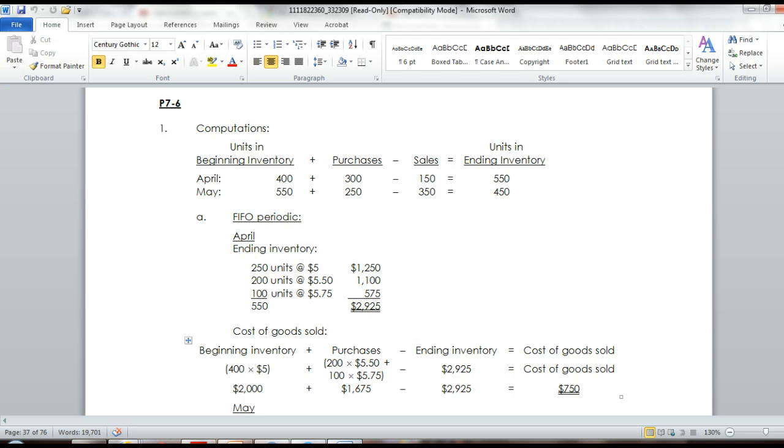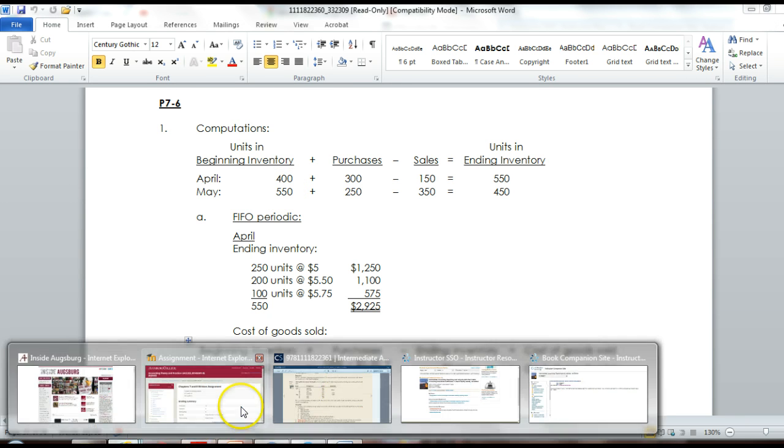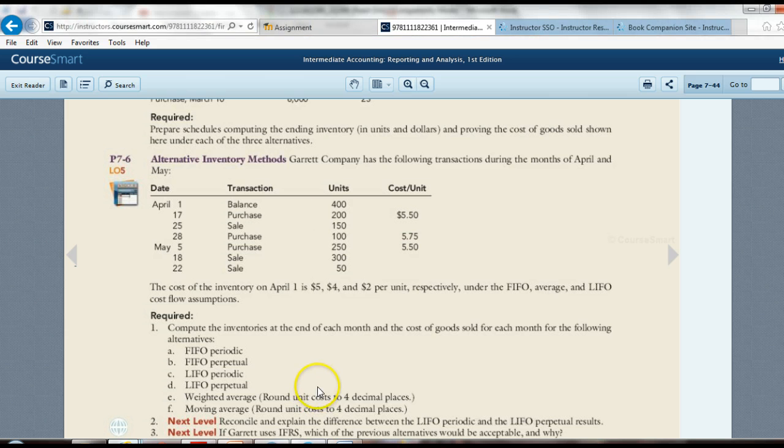So if we look here, April, we started with 400 units. Let me just go back and confirm this. 400 units is what we started with, and we purchased another 200 and sold 150 and then purchased another 100.